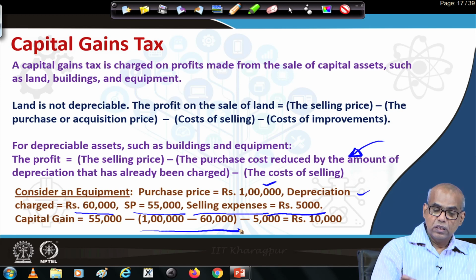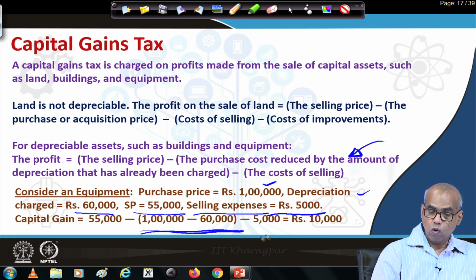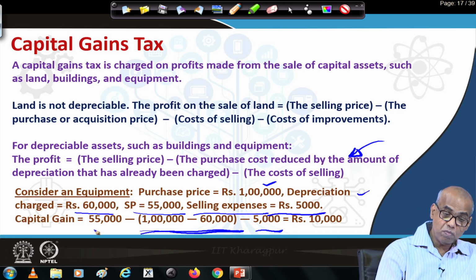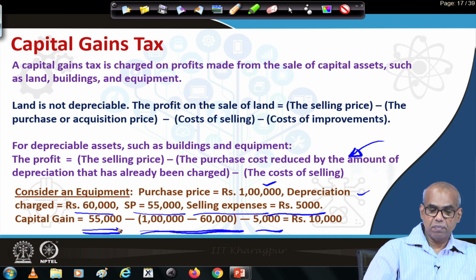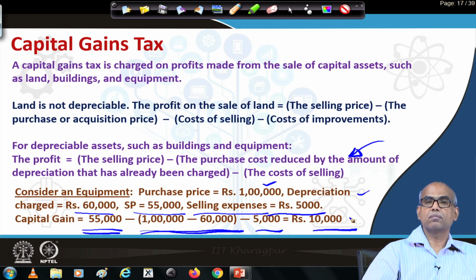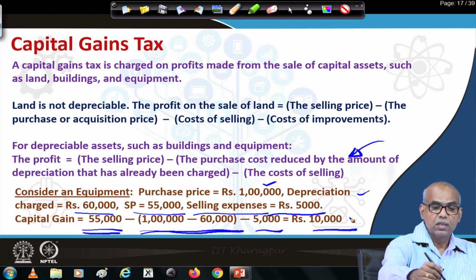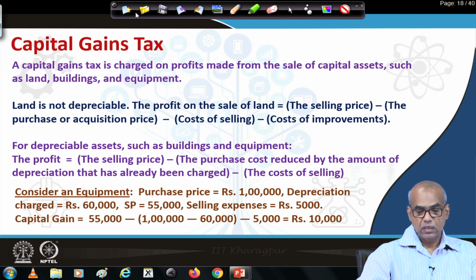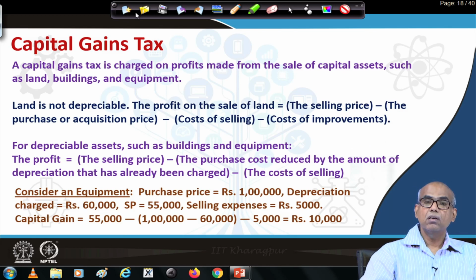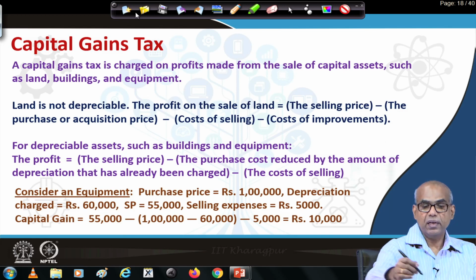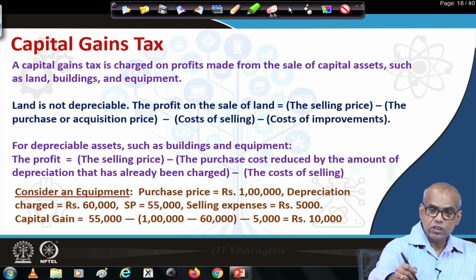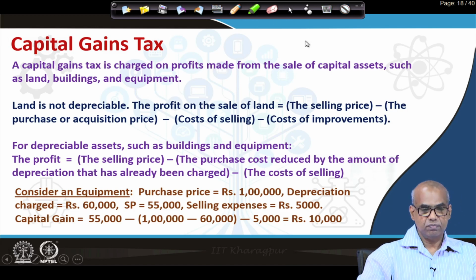So, you have to subtract this quantity 40,000, plus 5,000, so 45,000, from the selling price 55,000. So, the capital gain is 10,000. So, this is how the depreciation charge will influence the capital gain for the assets which are depreciable.